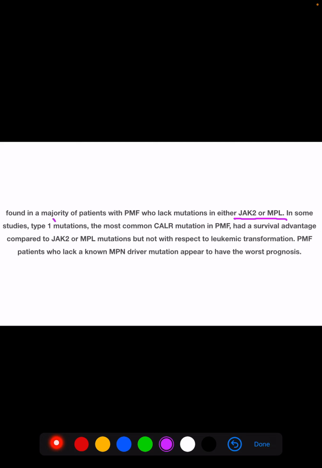In some studies, type 1 mutations, the most common CALR mutation in primary myelofibrosis, had a survival advantage compared to JAK2 or MPL mutations, but not with respect to leukemic transformation.